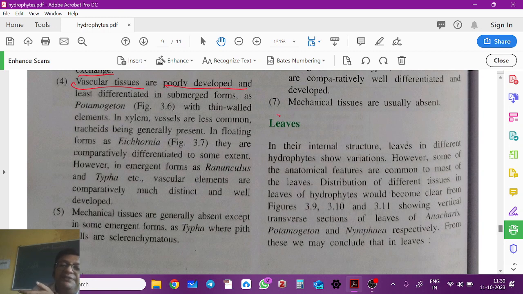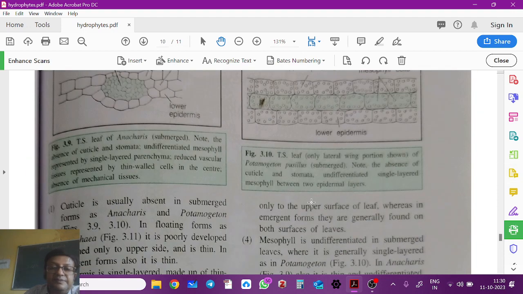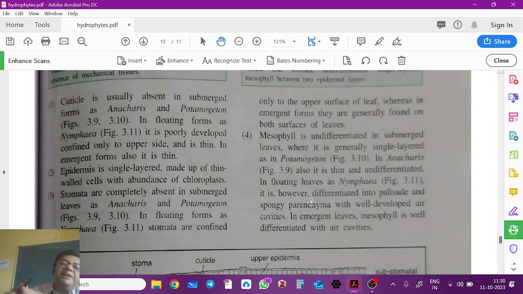Now, if you look at the leaves, same: cuticle is absent, epidermis single layer. Leaves don't have stomata because there is no gaseous exchange taking place as with aerial leaves, so stomata are not required, not present.